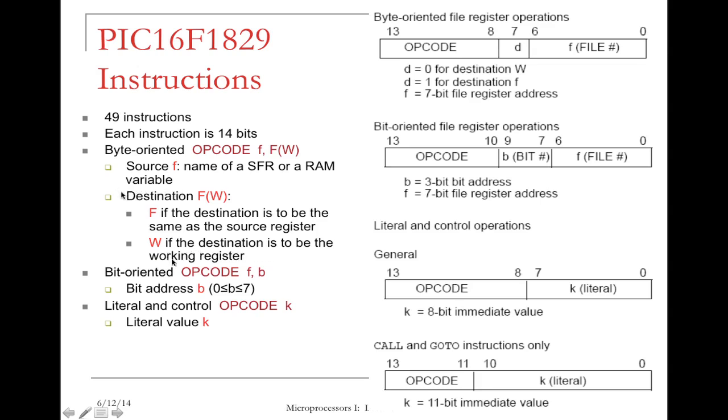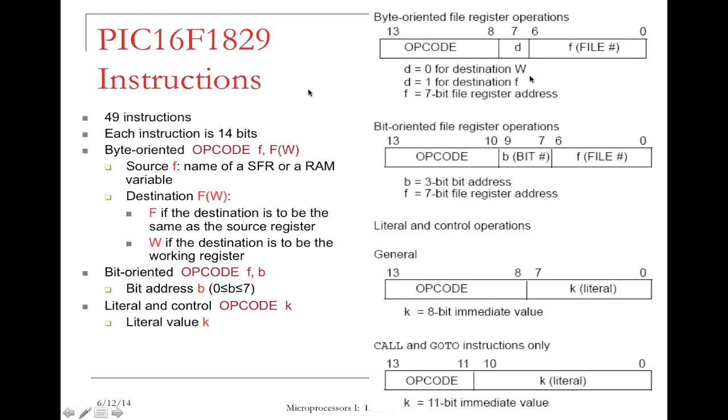And in fact, this W is the working register we mentioned earlier. Remember, the output from the ALU goes directly to the W, and this is the W. So if we have a letter here, say W, that is to tell the microcontroller that once this operation is completed, the result should be put into the working register, W.